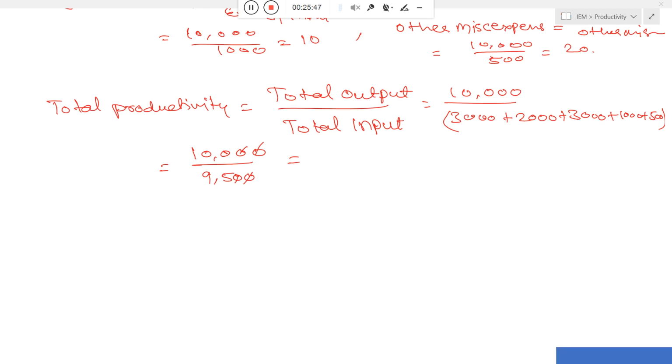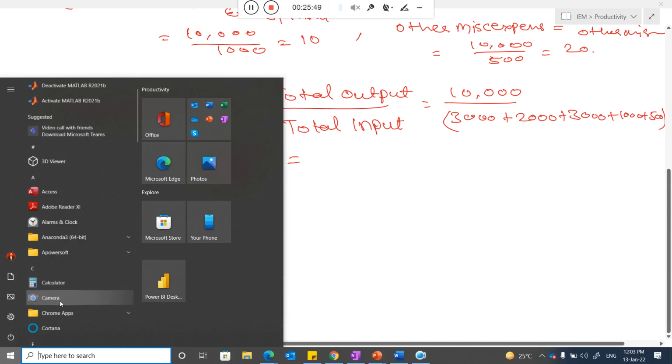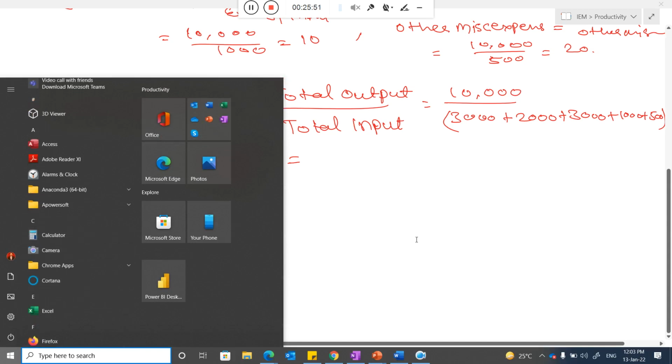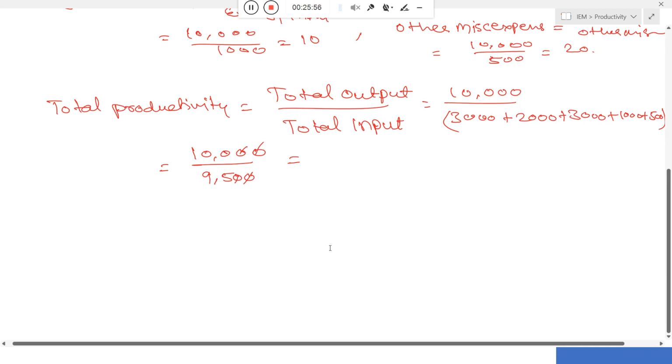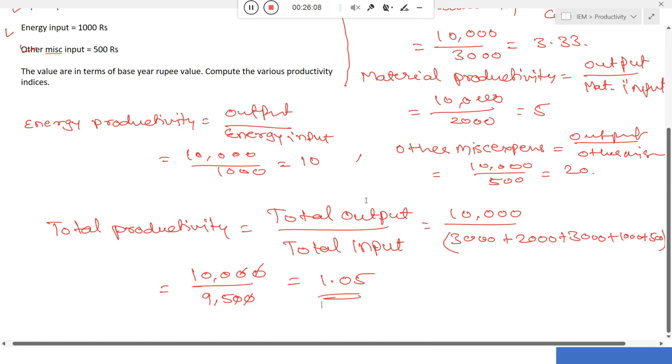Anyone? 1.05. Okay, this is actually the total productivity of that particular organization. So that is why we need to calculate the total productivity.